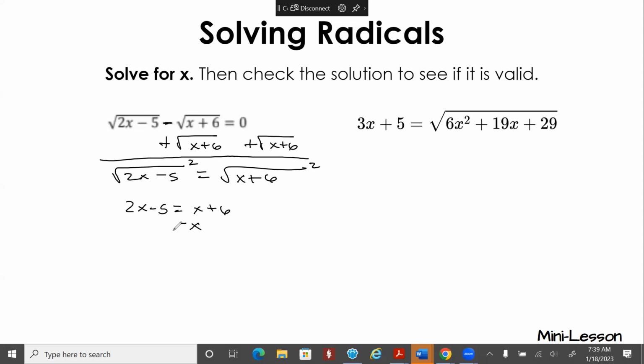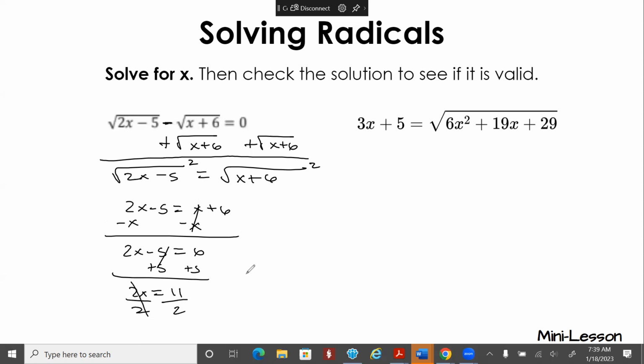So we're going to subtract x. Add 5. And divide by 2. And whoever keeps giving you answers in fraction form is the worst.